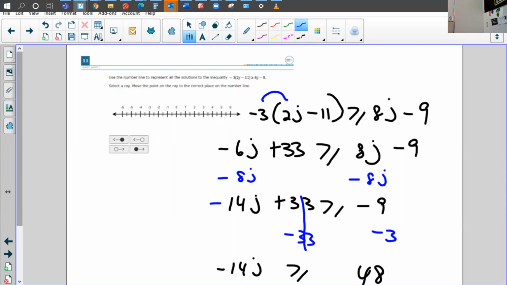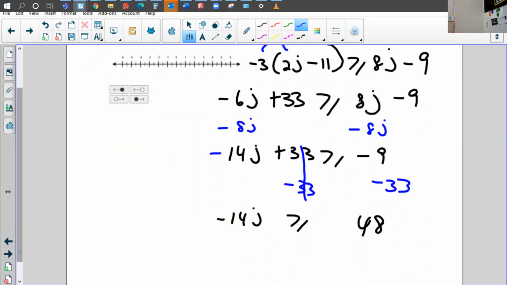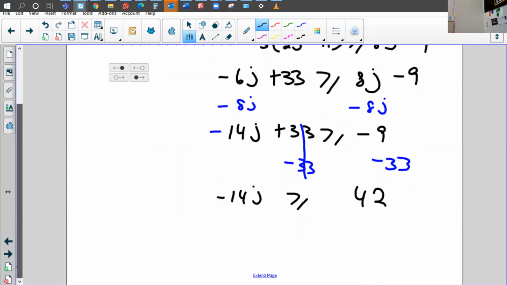That's going to give me 42. Now, this is where you've got to be careful when it comes to inequality. Here, I'm dividing by a negative number. When I do that, the sign is going to flip.